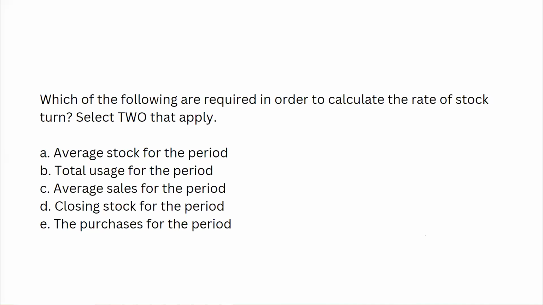Okay, so you select A and B. Yes, A and B. That is total usage. I'm not sure about the average stock for a period, I just selected A. But for B, I'm sure about total usage for a period, because it's about how the stock is being used and how it's being accumulated. Okay. Thank you very much.